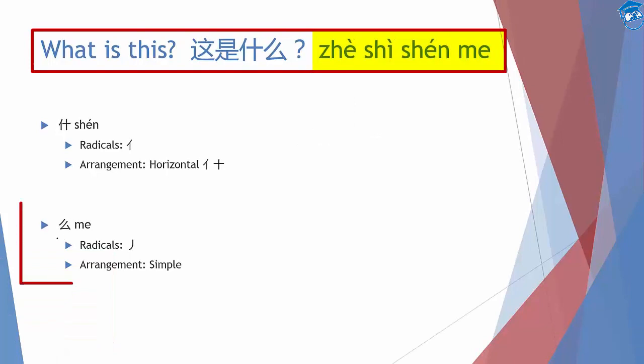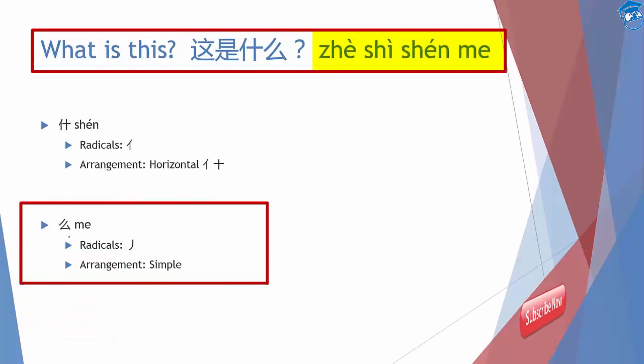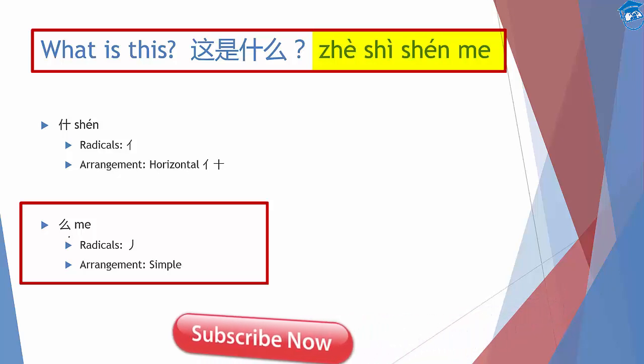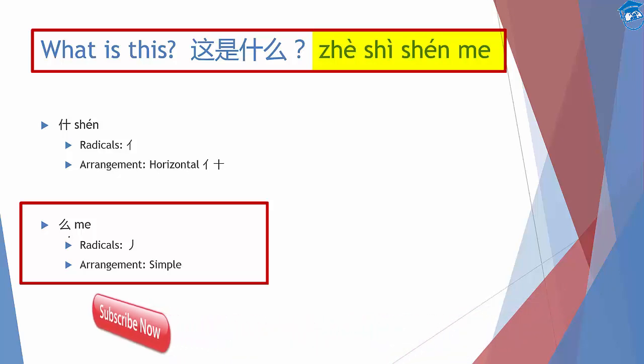The next one is 么. Sometimes it will be used in yes and no questions, like what you have seen before, 么. But for this, it is not that common. It doesn't usually have a meaning of its own. Okay, the radical is the stroke here.